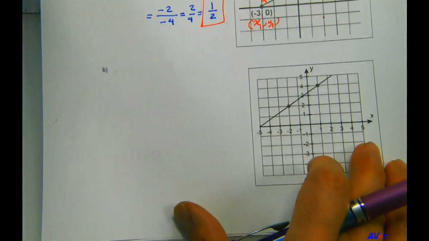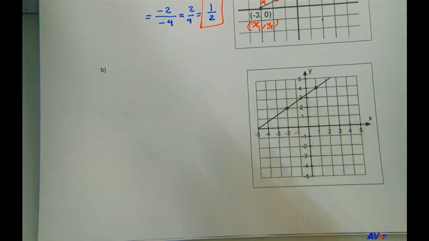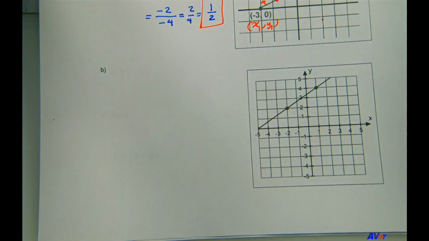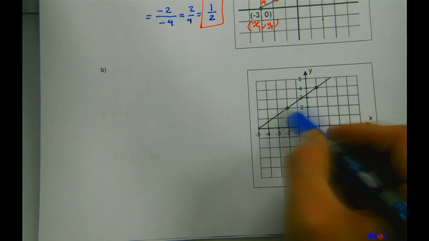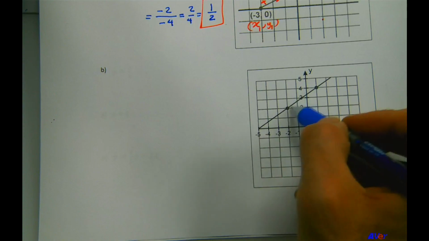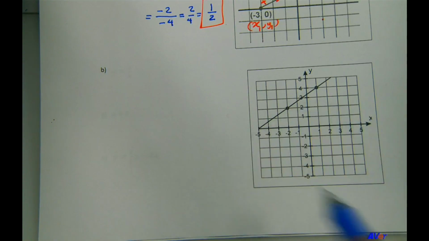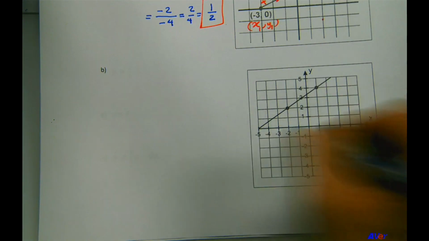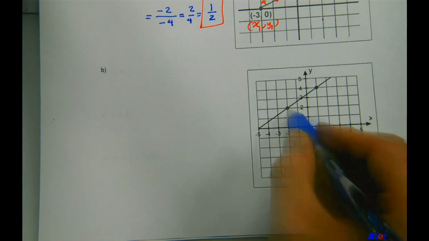Here's another problem. Again, please solve this on your own. Pause the video, solve this problem on your own, find the slope, and then look at my solution. So here, the coordinates of these 2 points that are shown on the line are not provided, but it's no problem at all, right? We have the axes, the increments shown on the axes to guide us.